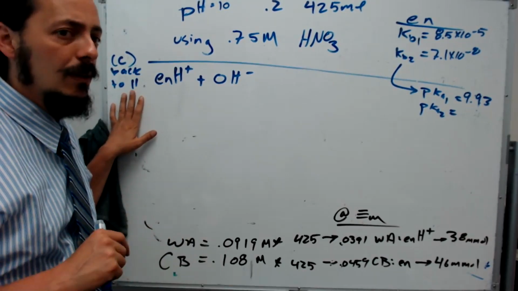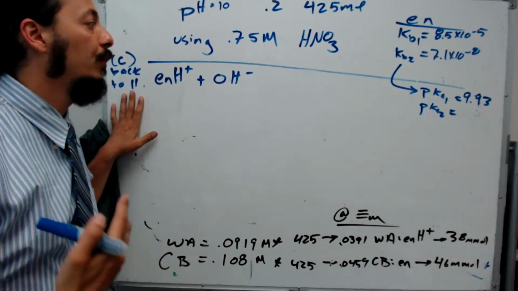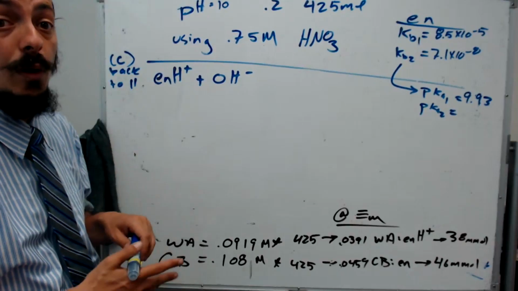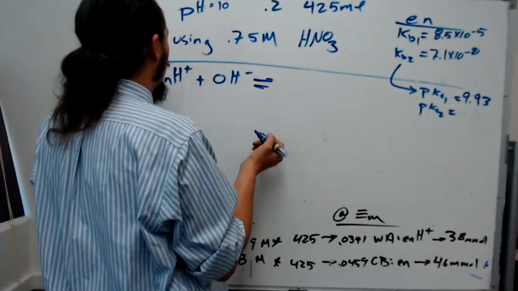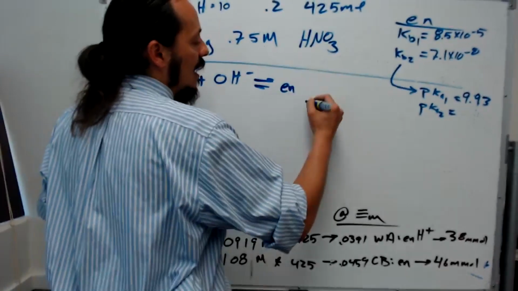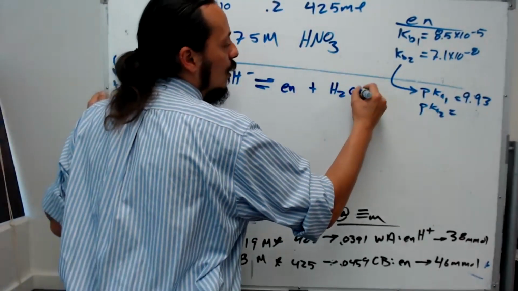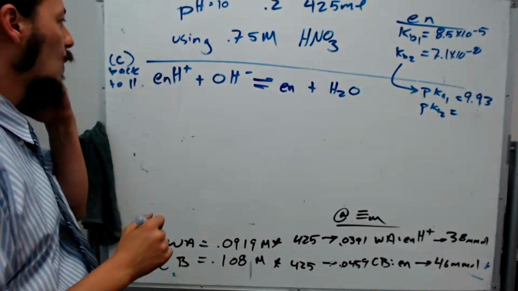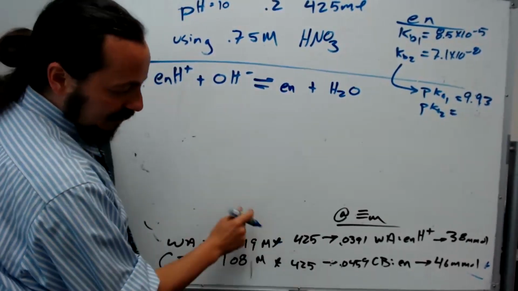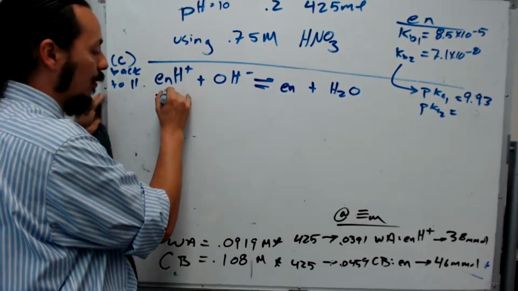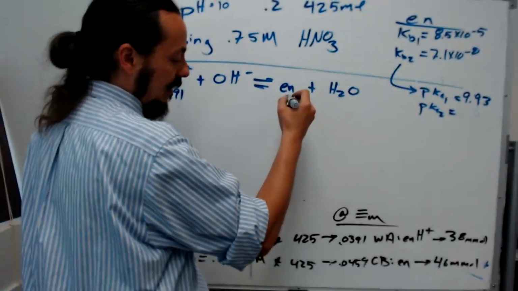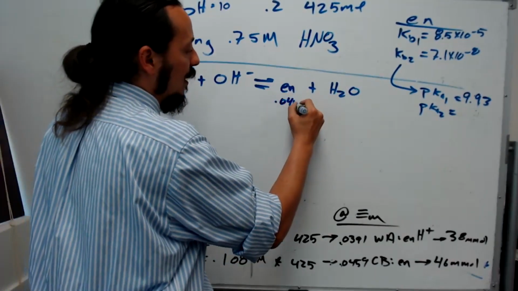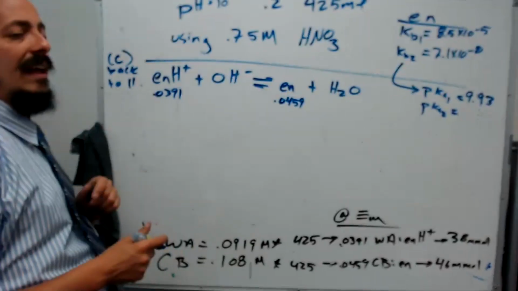But it's outside the buffer range, which means we want this to be almost all in the basic form, not in the acidic form. I can then go ahead and say, okay, I'm then going to have En plus H2O over here. My ENH plus is starting at 0.0391 moles. My En over here is starting at 0.0459 moles. And that is what everybody forgot.